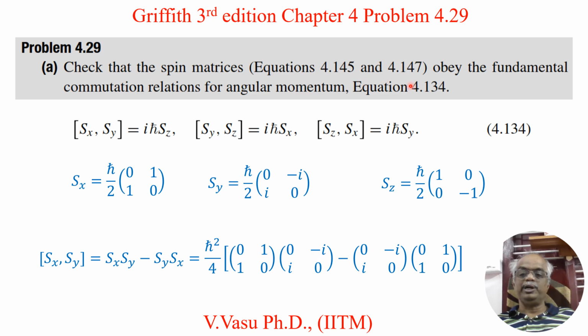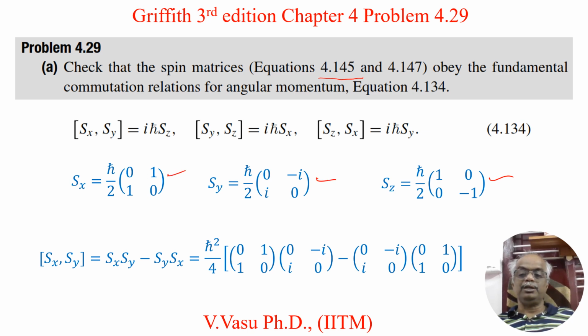Equations 4.145 and 4.147. Equation 4.145 is Sz, this Pauli spin matrix, and 4.147 is these two, that is the Pauli X and Y matrices.